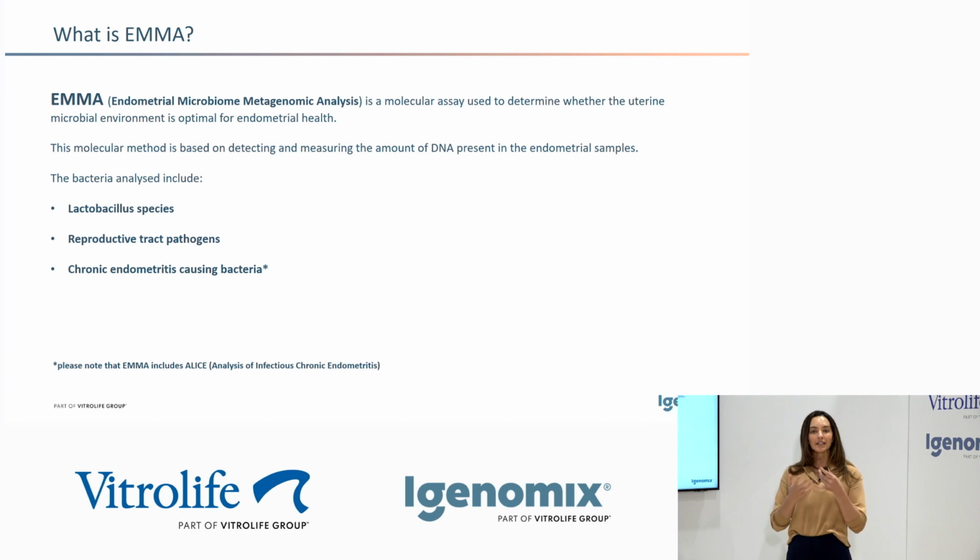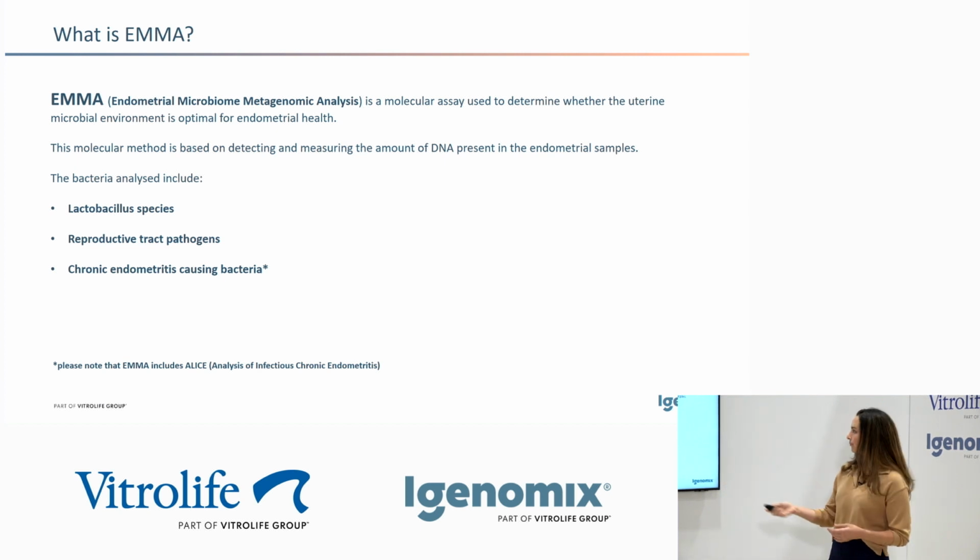I always think of these as a safety net, keeping the pathogens at bay. We look at reproductive tract pathogens, and we also look at those bacteria that are related to chronic endometritis. That's included in our ALICE test, which is analysis of infectious chronic endometritis. So with EMA, we get a full microbial view of endometrial health.